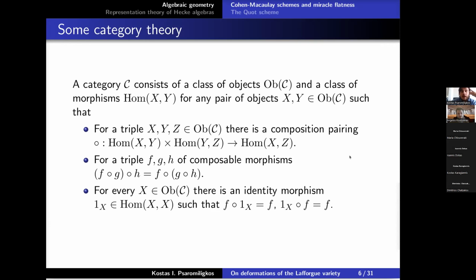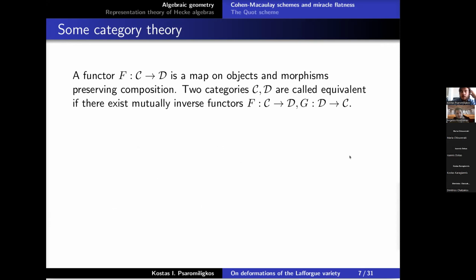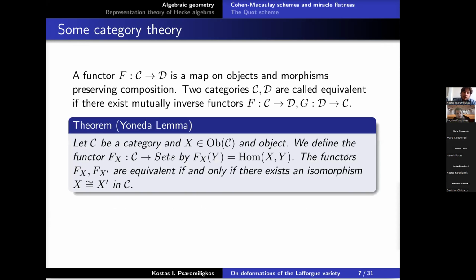In particular, we want to recall the Yoneda lemma, which is somehow the formal intuition behind this phrase of Grothendieck, that in algebraic geometry, usually you want to look at the morphisms, not at the objects themselves. So what does it formally say?